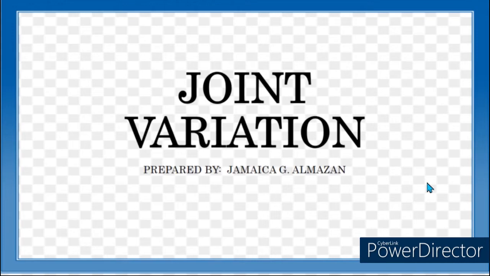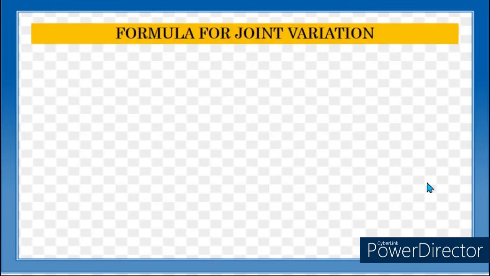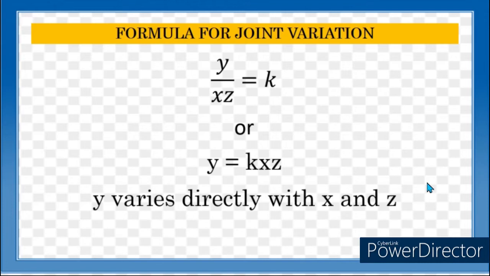The formula for finding the joint variation is y divided by xz is equal to k, or y is equal to k times x times z, wherein y varies directly with x and z. So we can say also that y varies directly with the product of x and z.